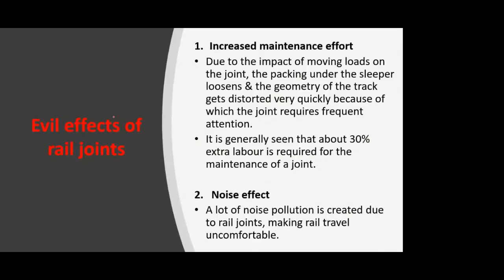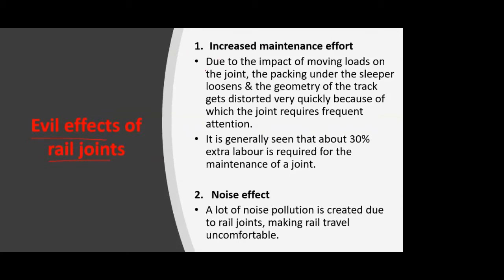Now, as I told you, joints are the weakest link in your system, so obviously there are some evil effects or negative impacts of your rail joint. I have just given the description, you can read it, but the heading is self-explanatory.